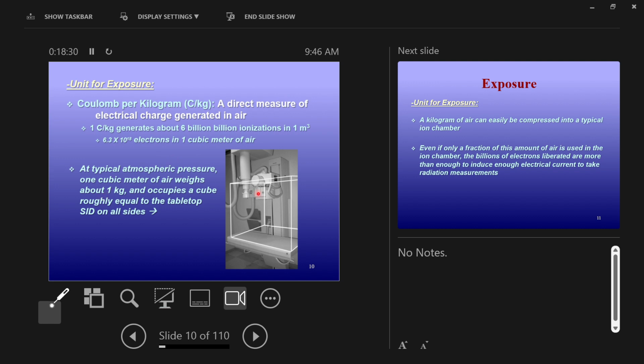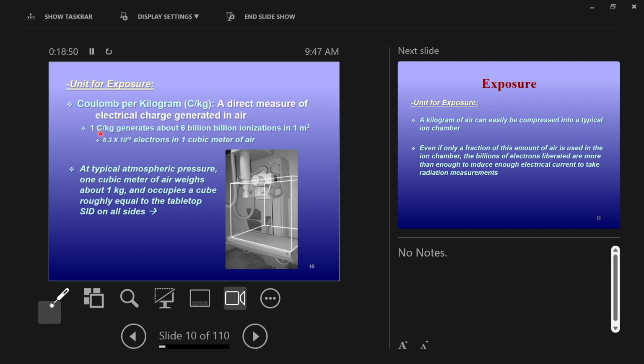So if there is 1 Coulomb per kilogram exposed to that cubic meter, you've created 1 Coulomb of electric charge within that box. That would be 1 Coulomb per kilogram.